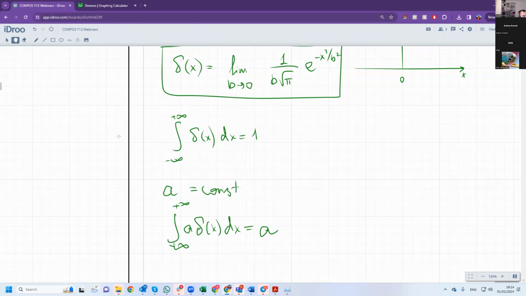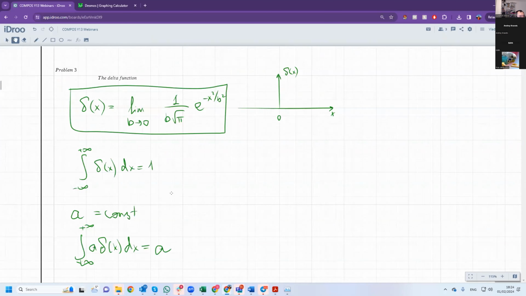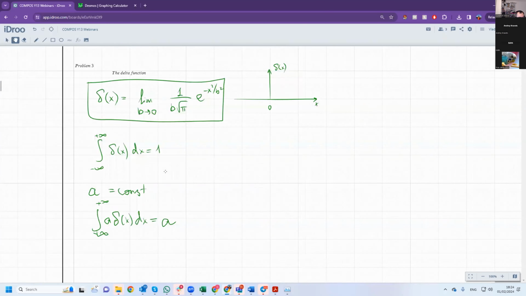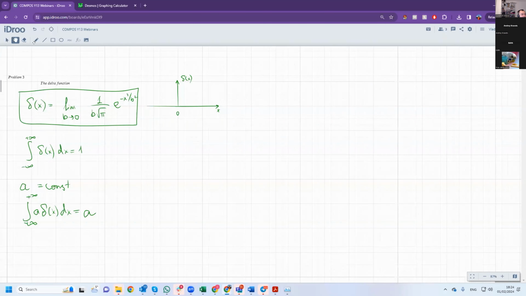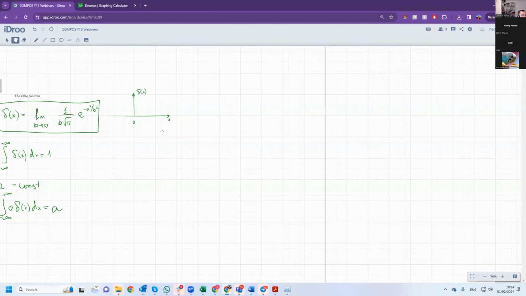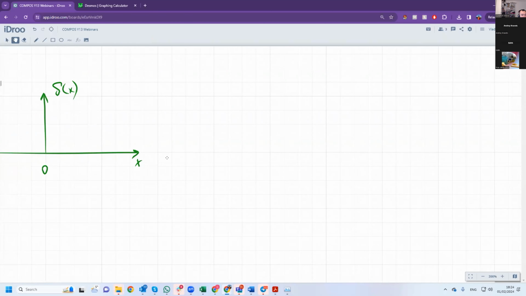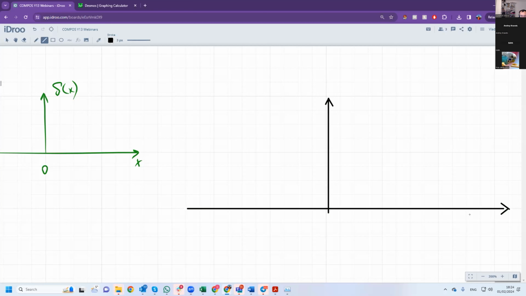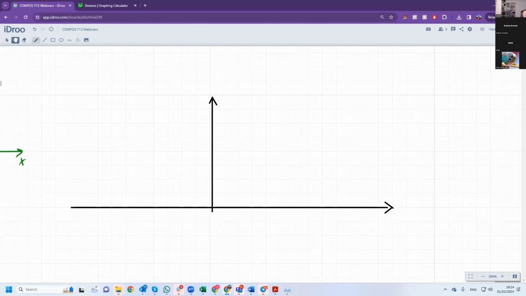Now, you can shift the delta function. For example, if you were to sketch some function, this is y, this is x, this is delta x.